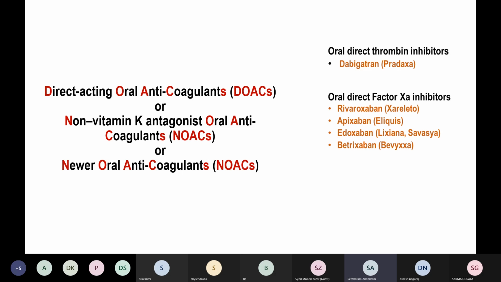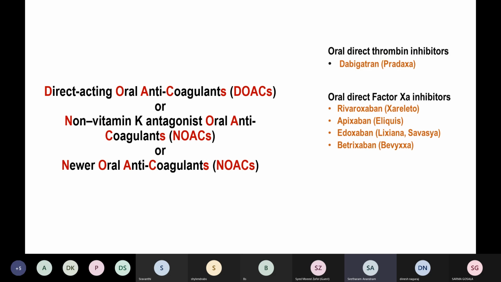Coming to the newer agents, they are called DOACs or NOACs. Essentially, they are direct acting oral anticoagulants, or non-vitamin K antagonists, or newer oral anticoagulants, or target-specific anticoagulant agents. They basically act on thrombin or on 10A.